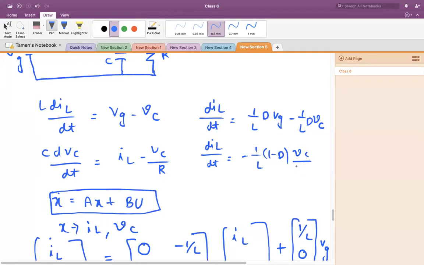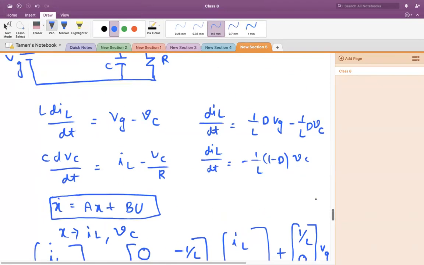So we need to do the averaging. Averaging means these two will be added together. So if we add together, what will you get?